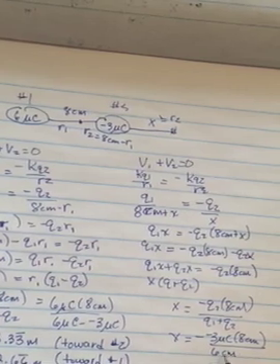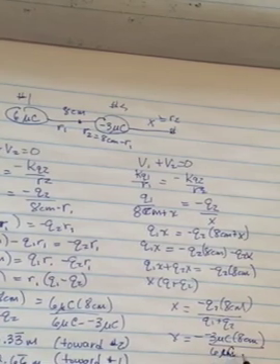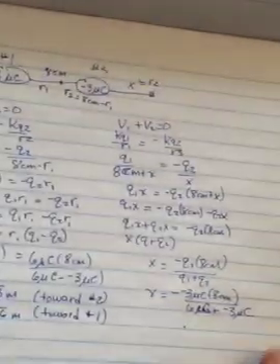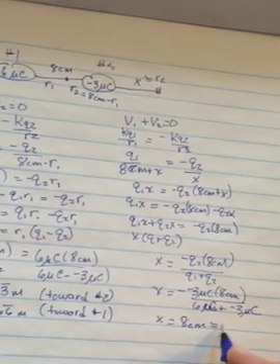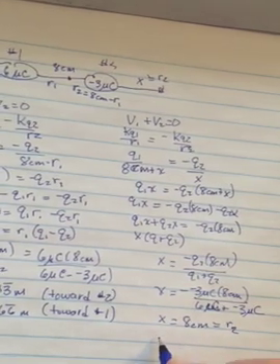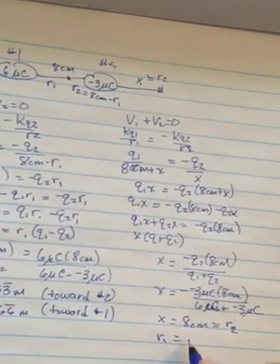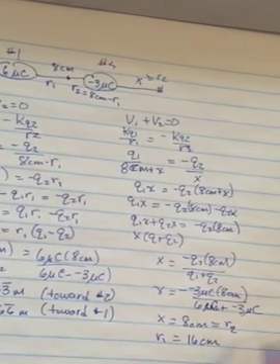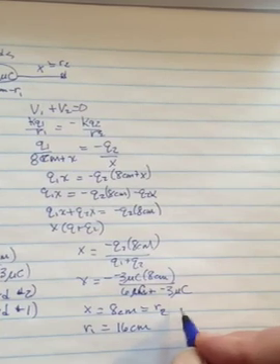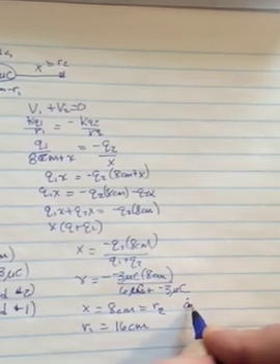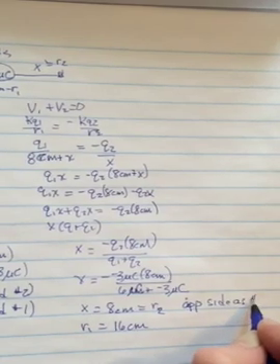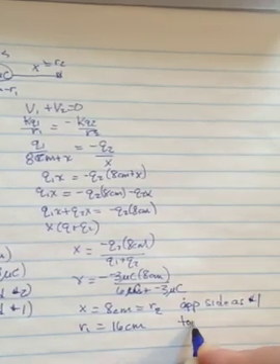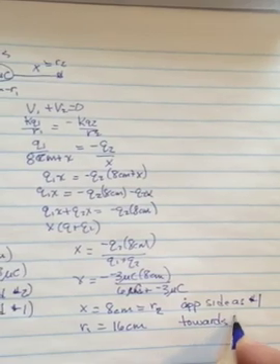And on the bottom, 6 microcoulombs plus a minus 3. So 24 over 3. X is 8 centimeters. So that's R2. That means R1 is 8 plus 8, or 16 centimeters. Okay, and so we have, this is opposite side as number 1, and this one is towards number 2.